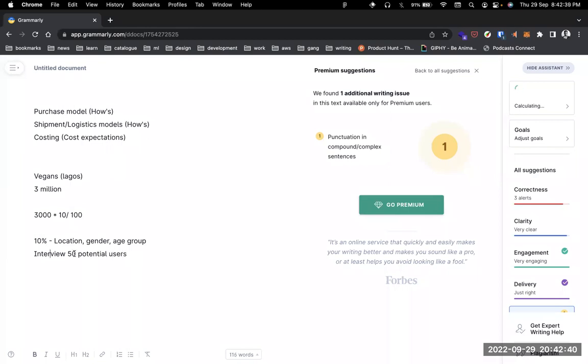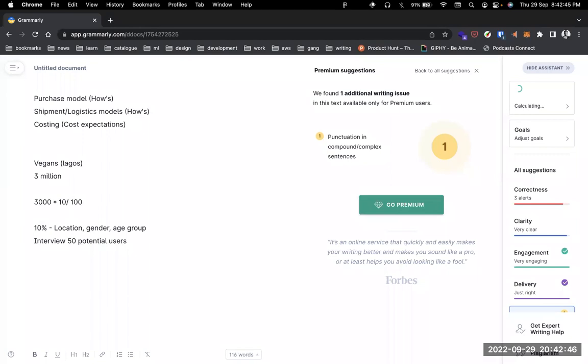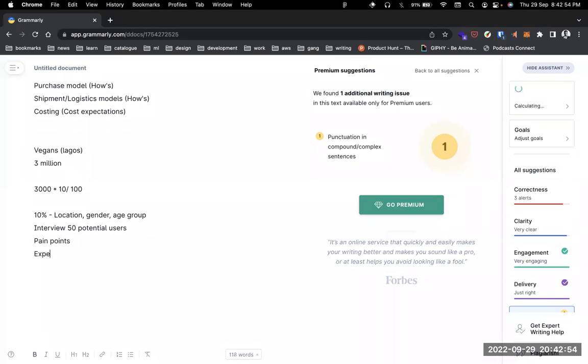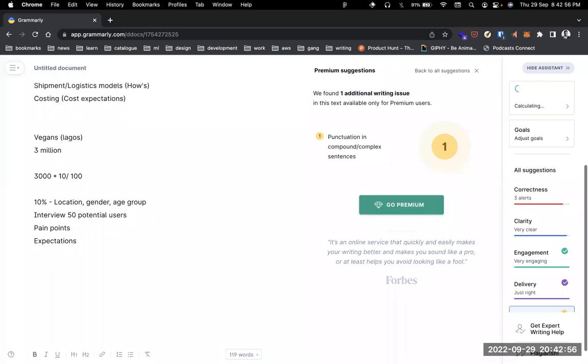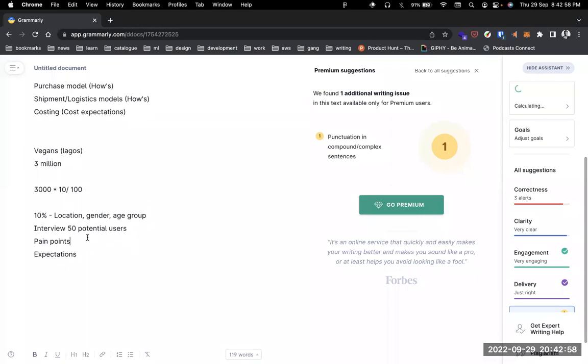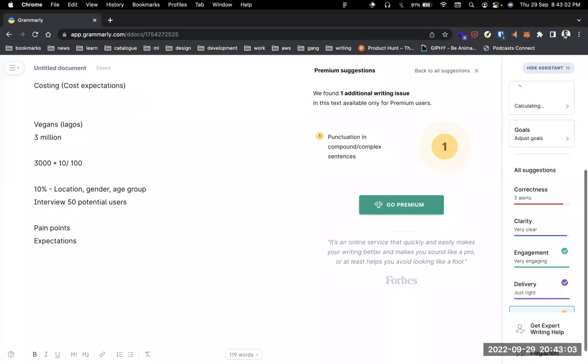So sometimes you spend a month or 2 months with just interviews, having multiple meetings, trying to understand, for the other audience, the people that are not purchasing from this company, what are the pain points, right? What are their expectations? So what are the pain points? What are the expectations? And yeah, so you ask them if they are willing to pay for it, right?